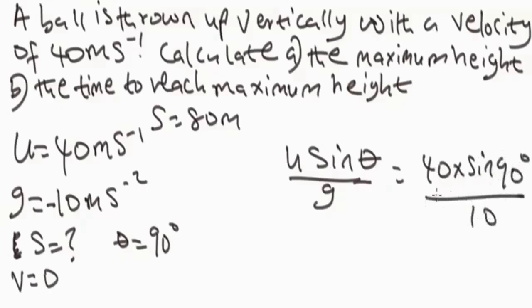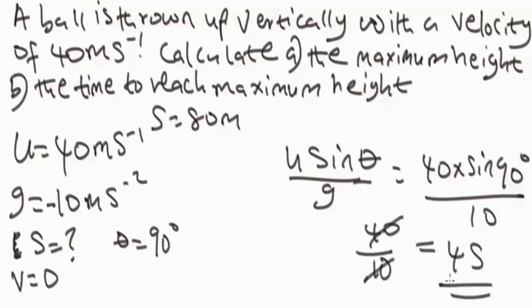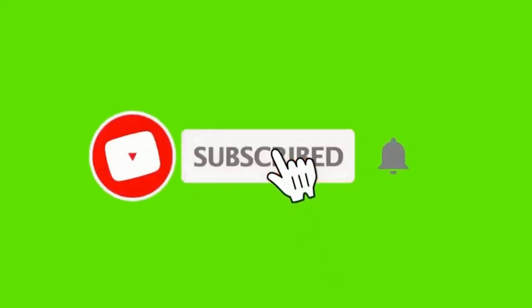Sine 90 is 1, so we're going to have 40 over 10. So you still get back to 4 seconds. So either one will work for this particular question. So basically you can apply the equations of motion to problems involving motion and solve them. Alright, guys, with this we have come to the end of the class.